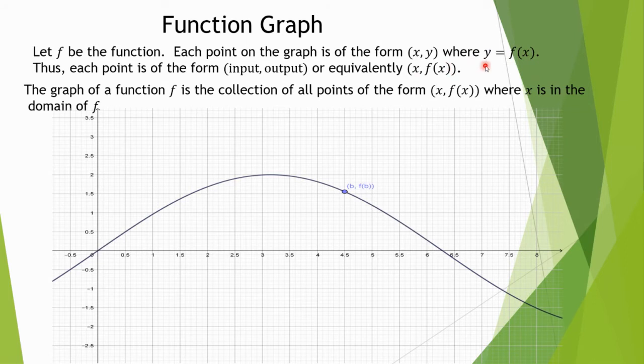So every point on the graph is of this form. The idea is that x is your input, y is your output. So the x coordinate gets mapped to the y coordinate. Input goes to output, which is equivalent to saying this in terms of our notation.